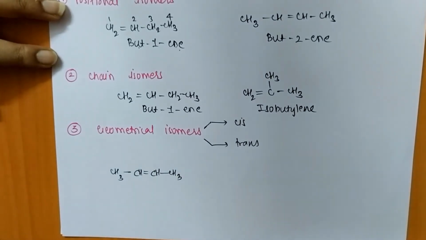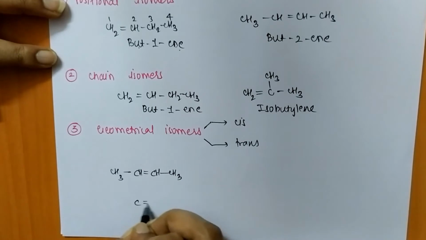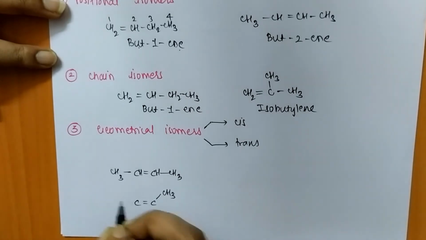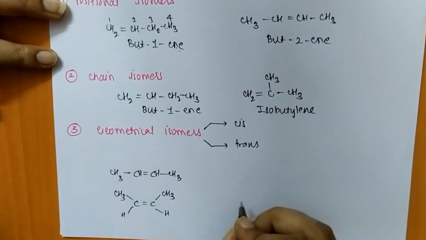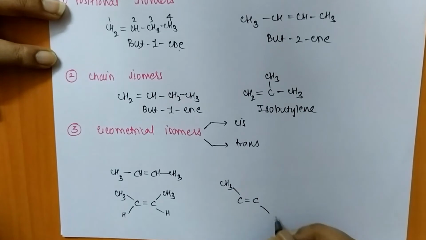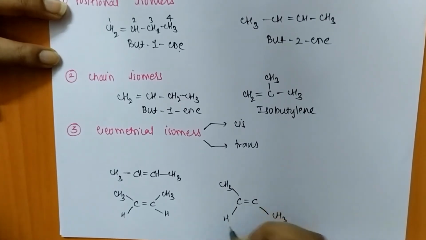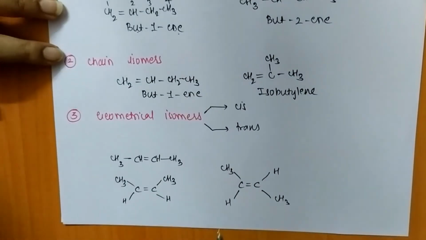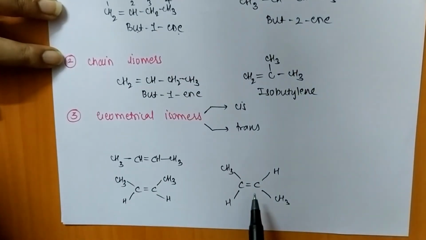If we consider this particular compound, we can write the compound as follows. Both these compounds are the geometrical isomers of one another.